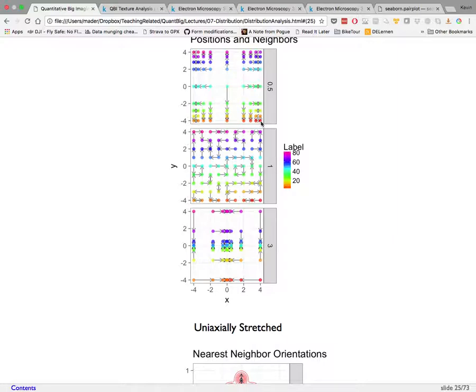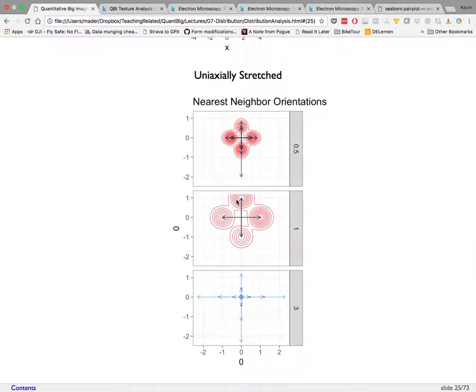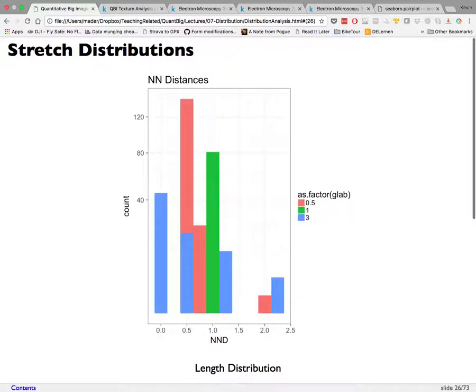The points near the edges get closer together, and the closer you get to the middle, the further away you get from your neighbors. And here we have the exact opposite effect, where the points in the middle get much more densely packed, and the points at the edges get much more sparsely packed. That's the graphical representation of all of these nearest neighbors.